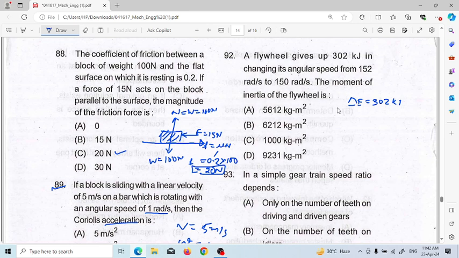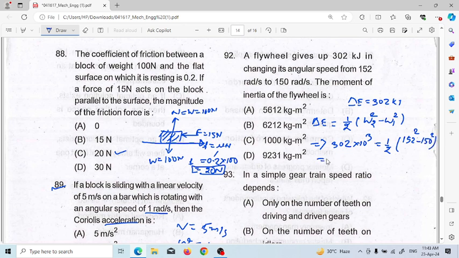The moment of inertia will be, we know delta E is equal to half (omega 2 square minus omega 1 square) into I, so 302 into 10 to the power 3 joule is equal to 1 by 2 into (152 square minus 150 square) into I.